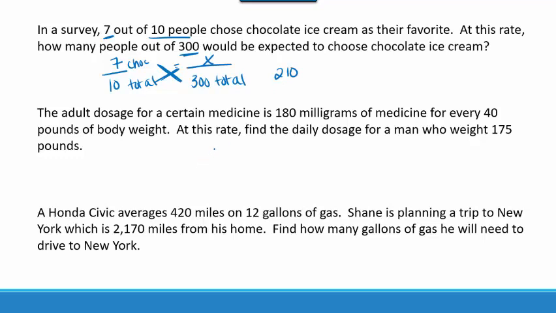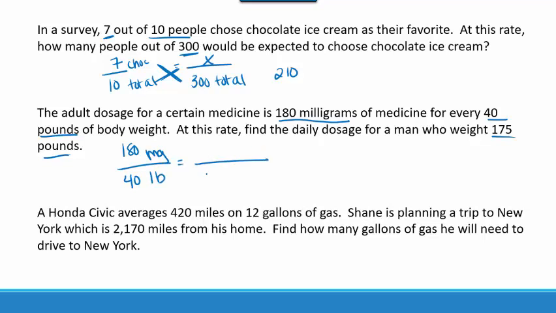This one says the adult dosage for a certain medicine is 180 milligrams for every 40 pounds of body weight. At this rate, find the dosage for a man that weighs 175 pounds. So we would start off with our first ratio, 180 milligrams over 40 pounds.